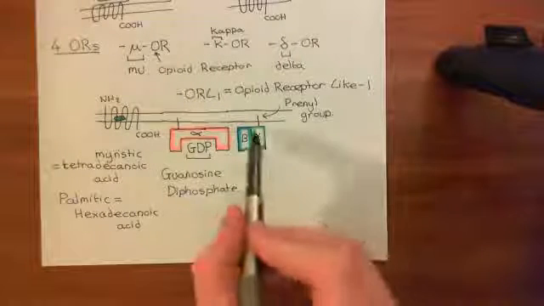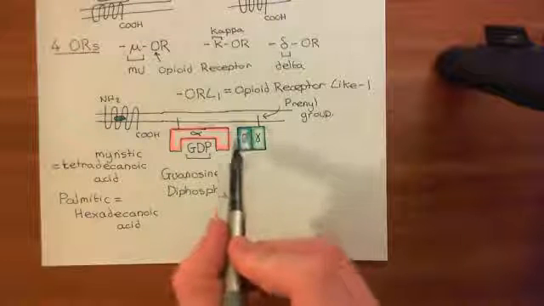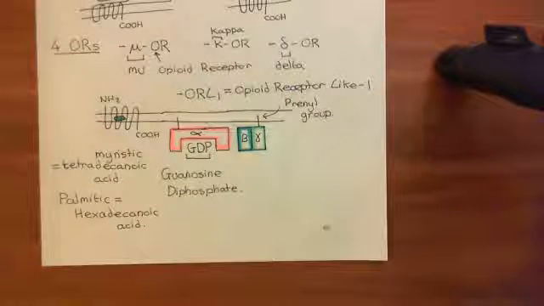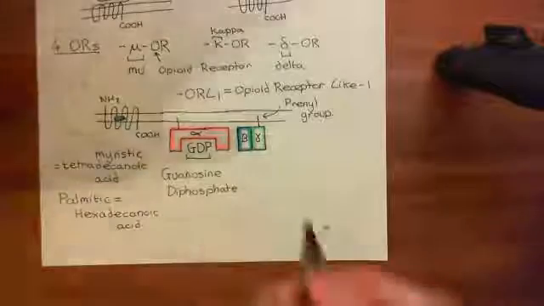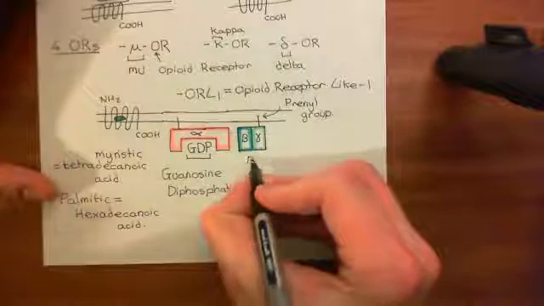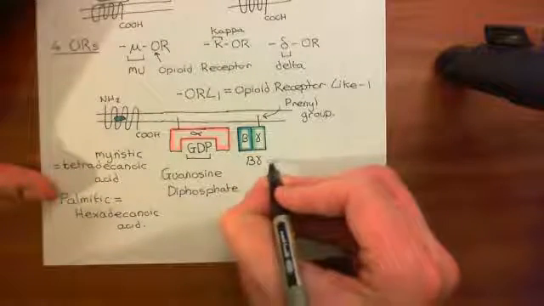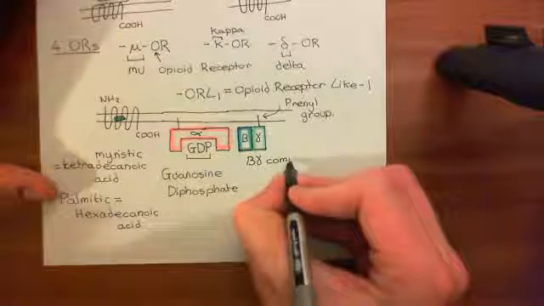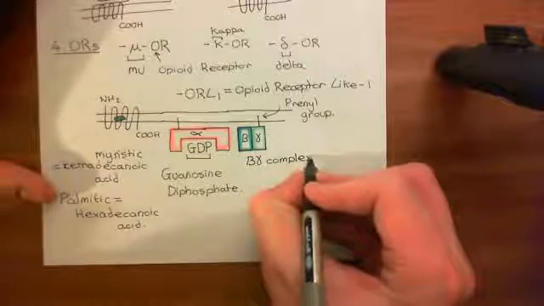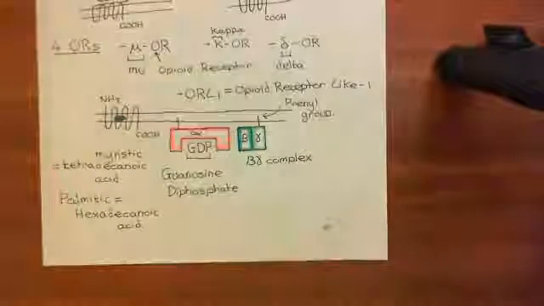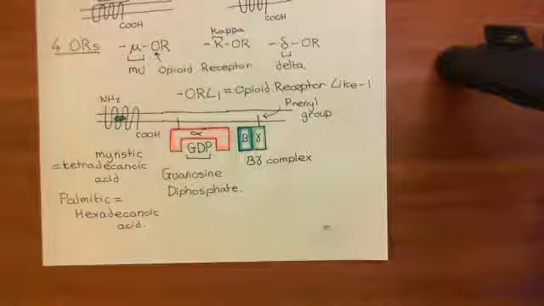And the gamma subunit also brings the beta subunit with it. So overall, since the beta and gamma subunits always remain together, people often refer to this as the beta-gamma complex, and the beta-gamma complex is going to remain at the inner leaflet of the phospholipid bilayer.